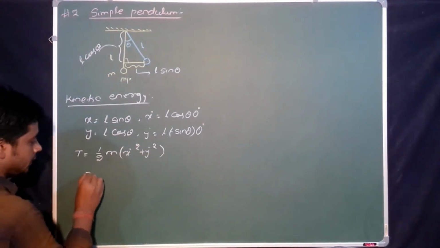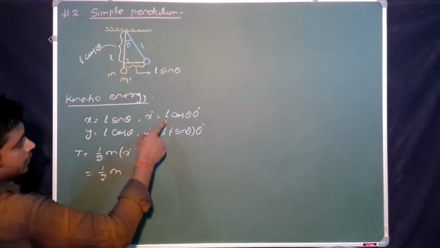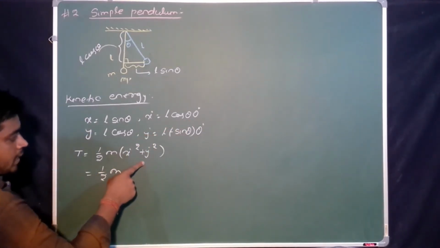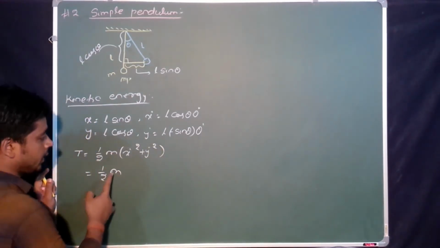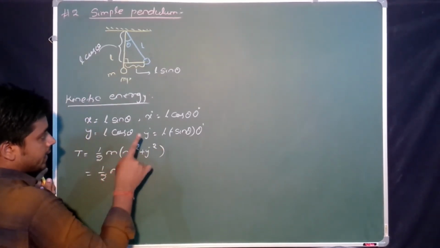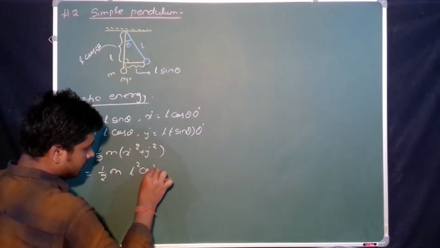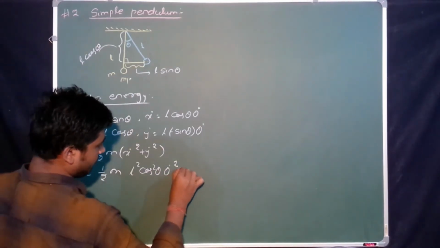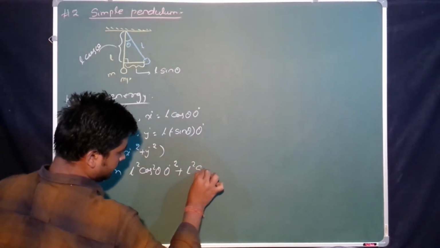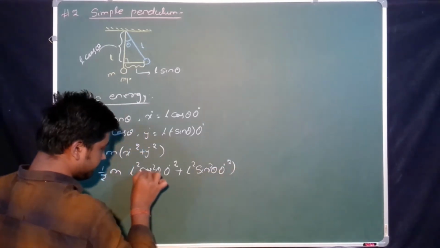Yes or no? Then just see half m, in place of x dot just write L cos theta, theta dot. In place of y dot just write minus L sin theta, theta dot. Let's see what we got here. Squaring, we get L square cos square theta, theta dot square plus L square sin square theta, theta dot square.